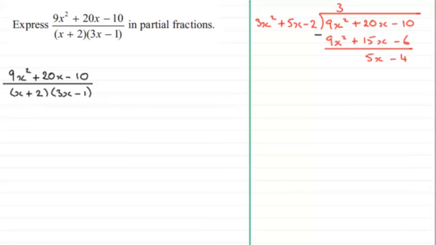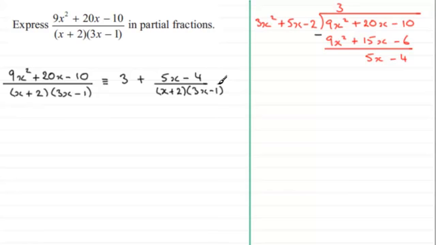So what we have then is that this is identical to 3 plus the remainder, which is 5x minus 4, and that's now divided by 3x squared plus 5x minus 2. But that, when factorized, is x plus 2 times 3x minus 1.